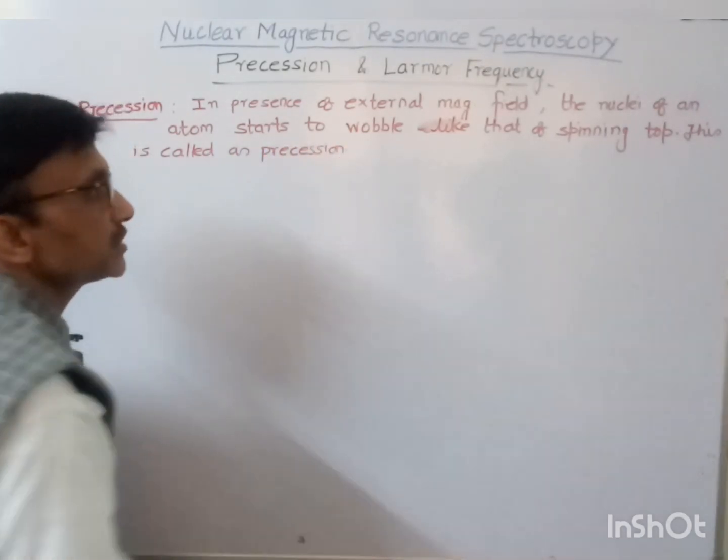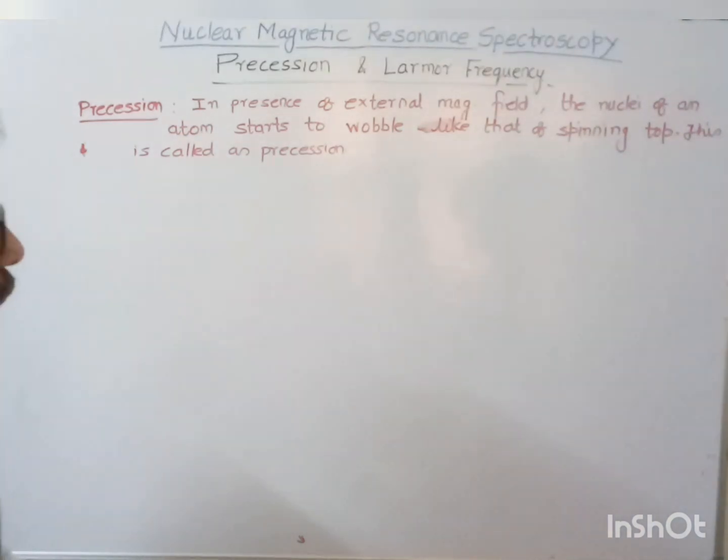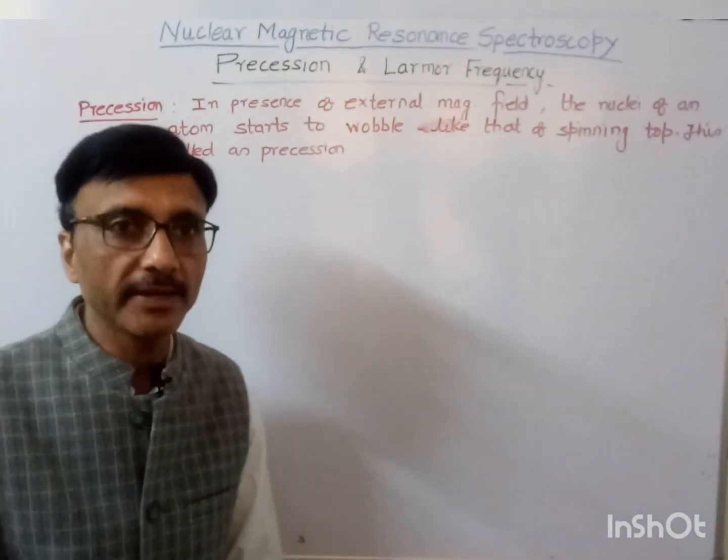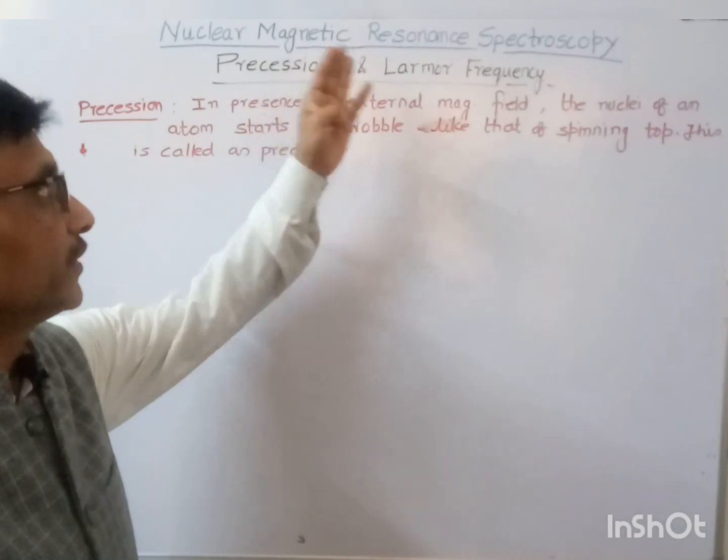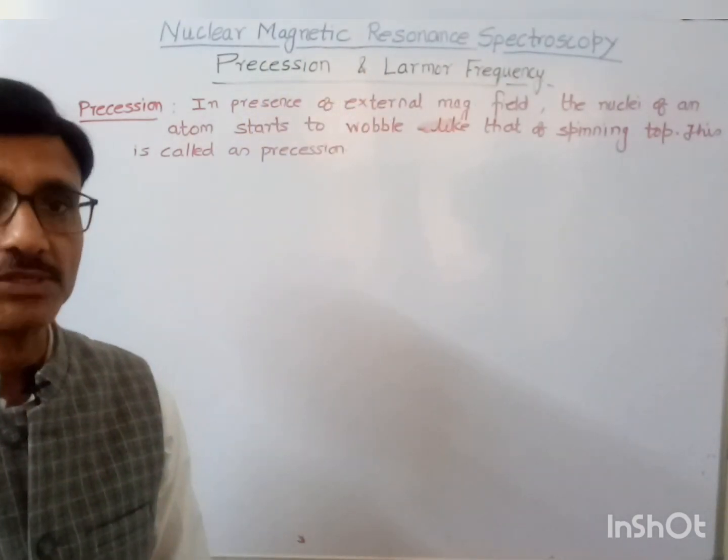And the frequency of this precession, or frequency of this wobbling, is called the precessional frequency or Larmor frequency.